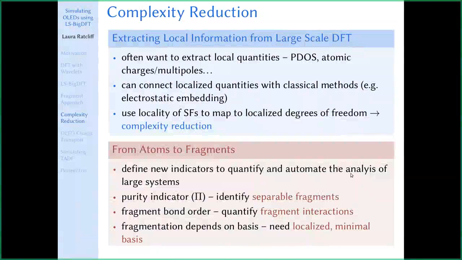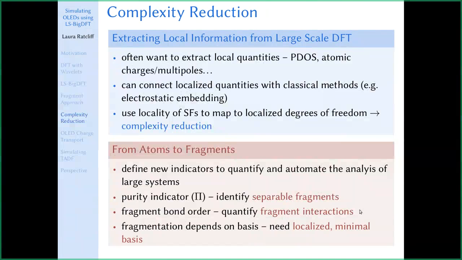So we've defined some indicators which allow us to quantify and analyze large systems. One of these is the purity indicator, where we use information coming from the density matrix to identify fragments of the system which can be treated separately. This is in the sense of the fragment approach, but more in the sense of understanding whether or not a fragment approach would be appropriate.